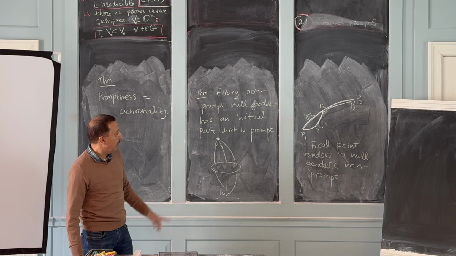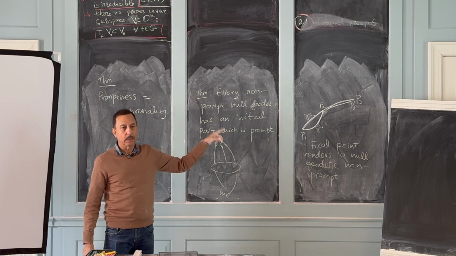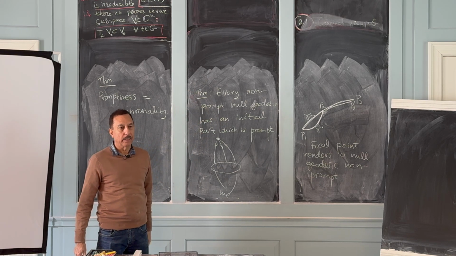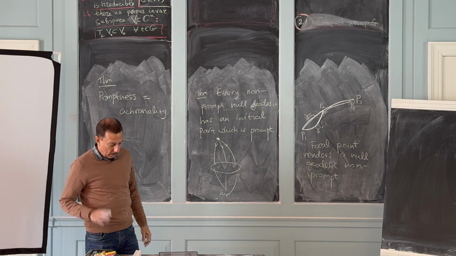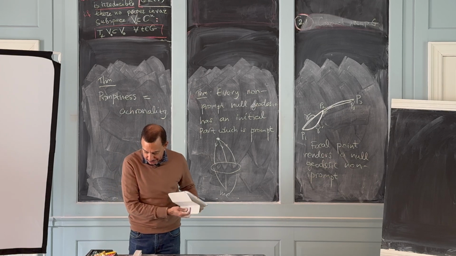And in fact, one exercise is that you can look at that cylinder picture where there's a curve that becomes non-prompt after a focal point, and there you can actually see clearly that it also fails to be achronal at that point. Okay, more on Thursday if you still have the energy.